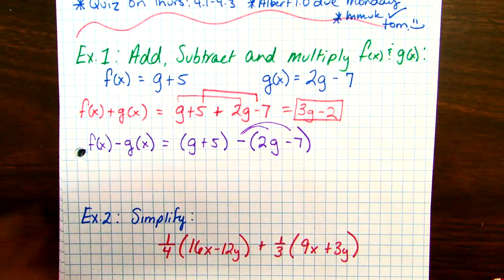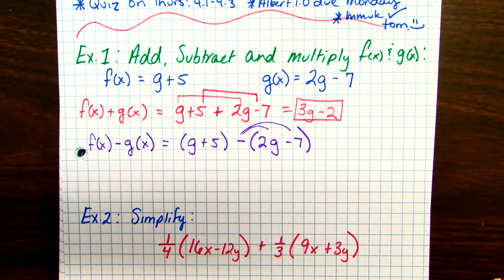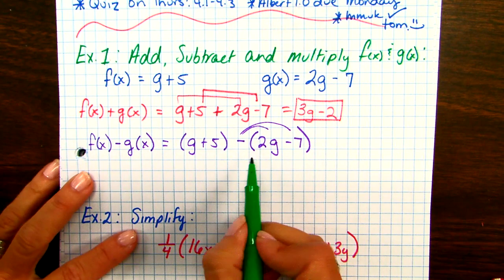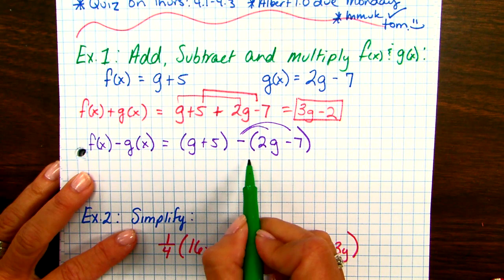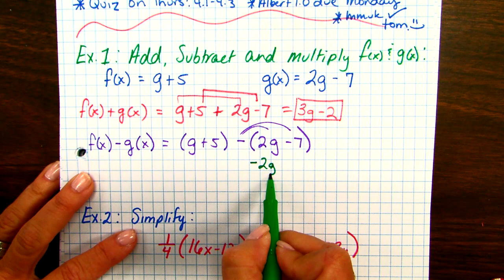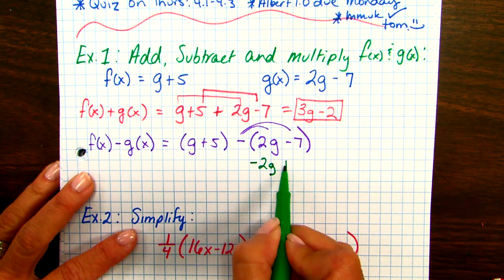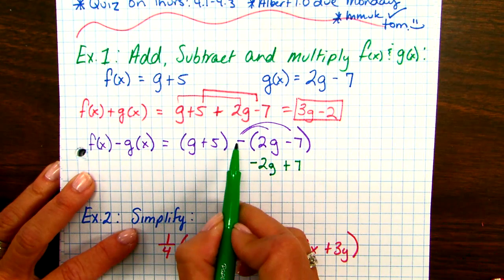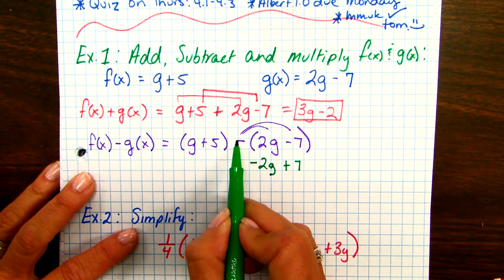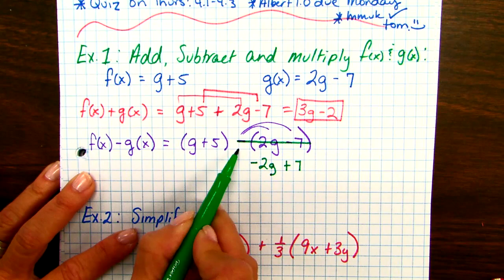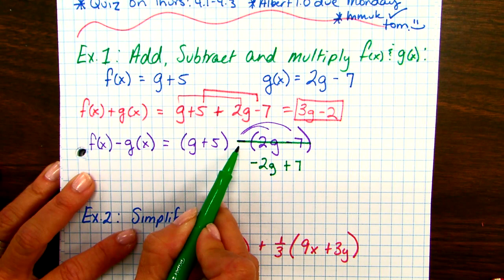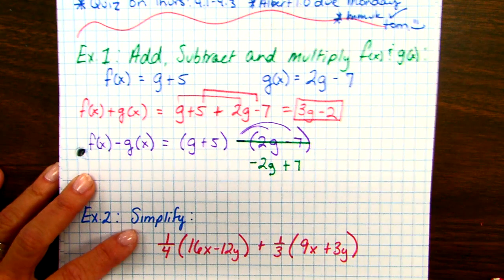That's why the parentheses are necessary. And as I showed you guys yesterday, I like to just go ahead and distribute the negative and write it right underneath. So positive 2g becomes negative 2g. Negative 7 becomes positive 7. That's what the minus in front does. And then I cross that out, including the negative. That way I won't be tempted to use it, right?